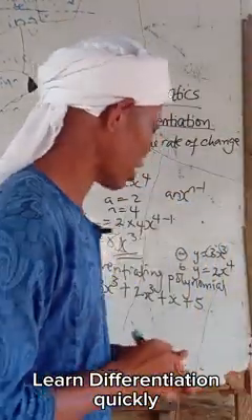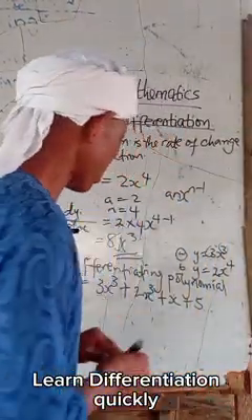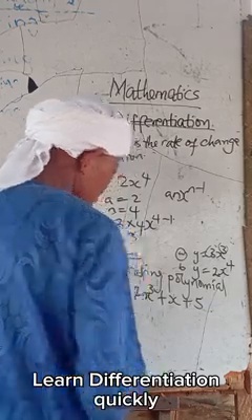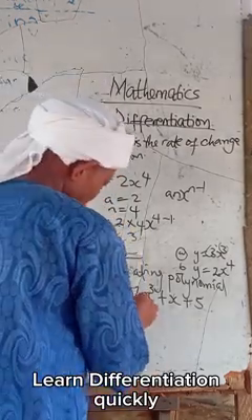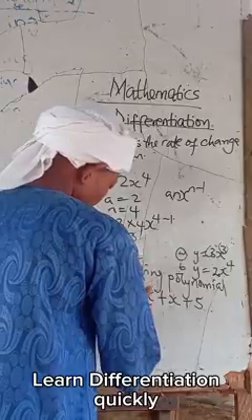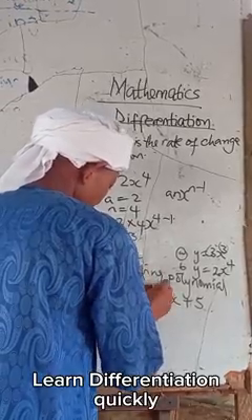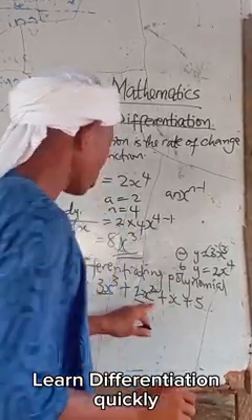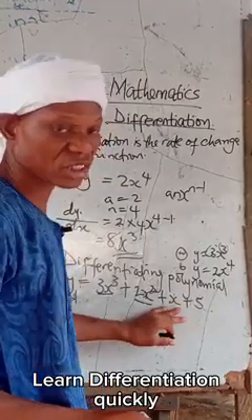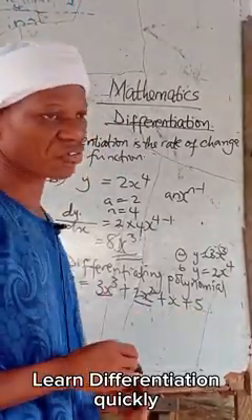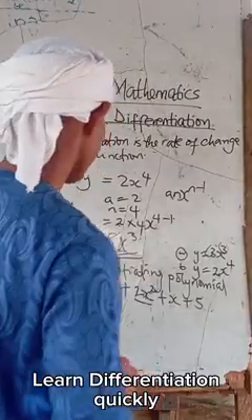What I mean by term is this. This 3x cubed here is a term. This 2x squared here is a term. This x here is a term, and this 5 here is also a term.